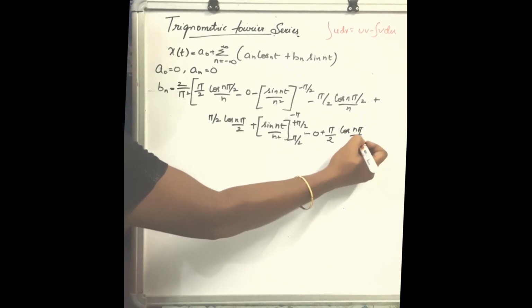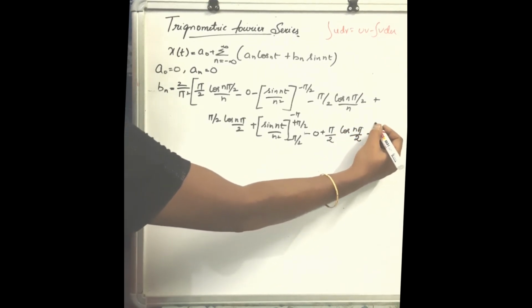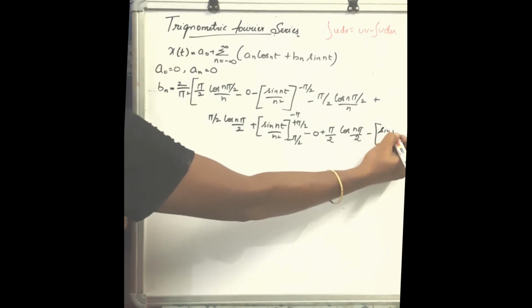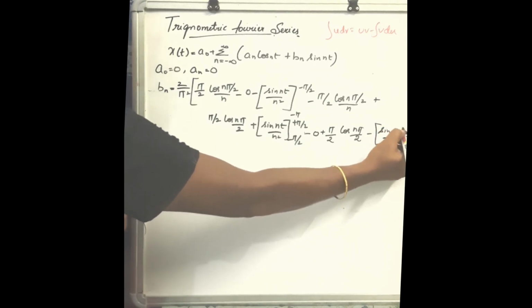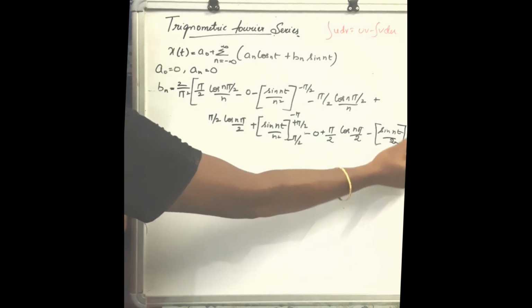And finally it is sin nt by n square for pi by 2 to pi.